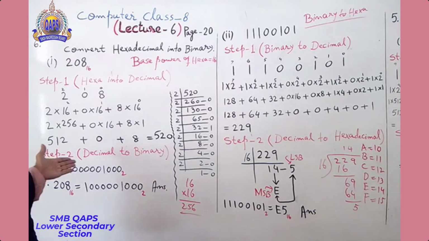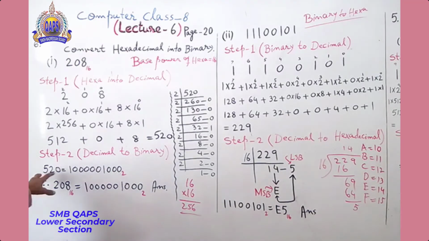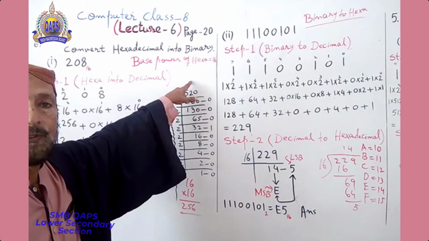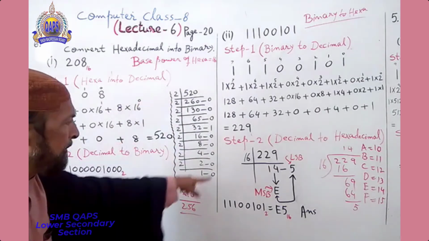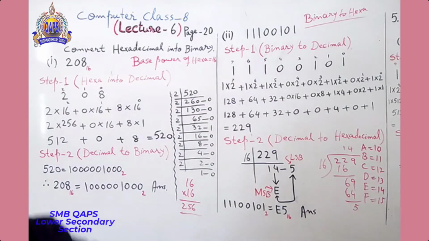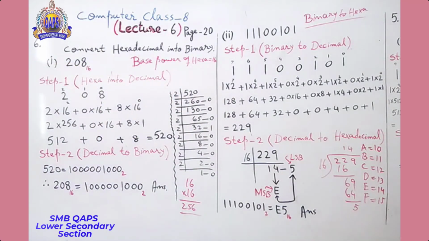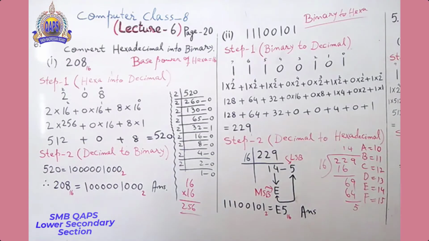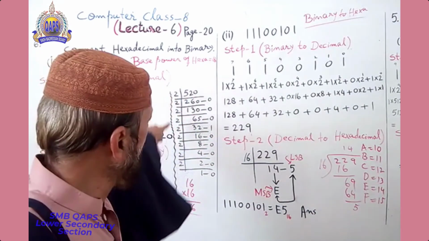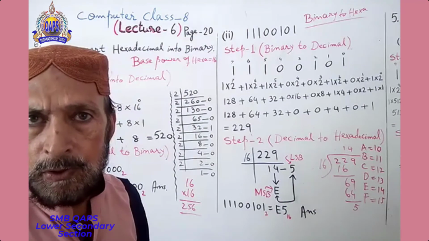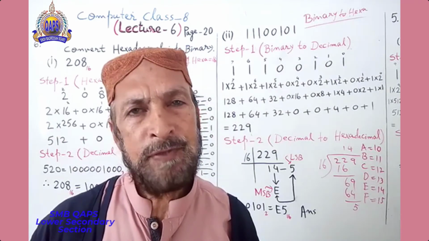Now, step 2. Decimal to binary. 520, that's the decimal number. Divide it by 2. Try to understand. Have a look. I have told you many times about this calculation, because the topic is conversion of number systems.